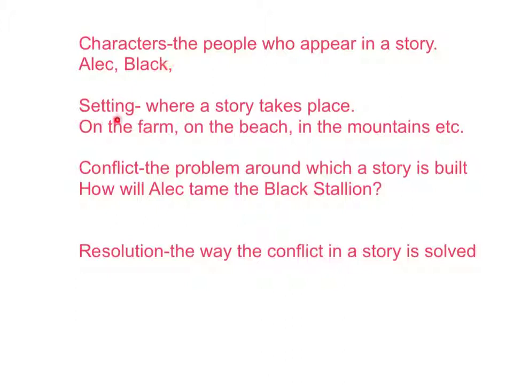The setting is where the story takes place. When you write a story, you can choose your story to take place anywhere: on a farm, on a beach, in the mountains, or in space, wherever you want. That's what the setting is.